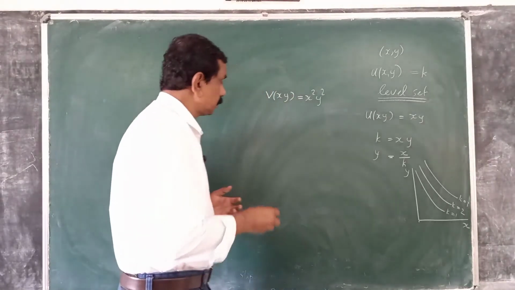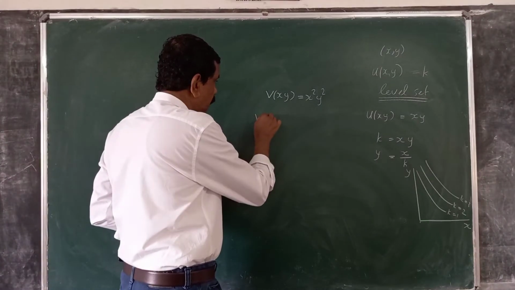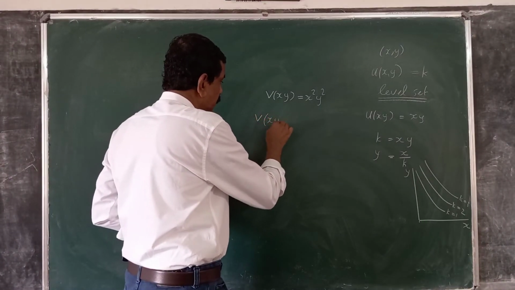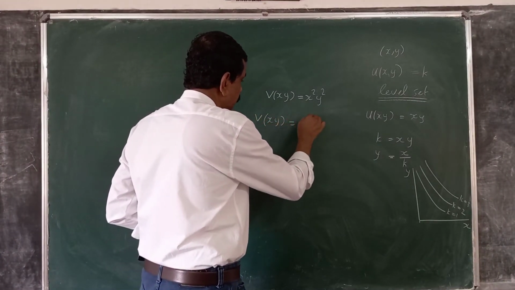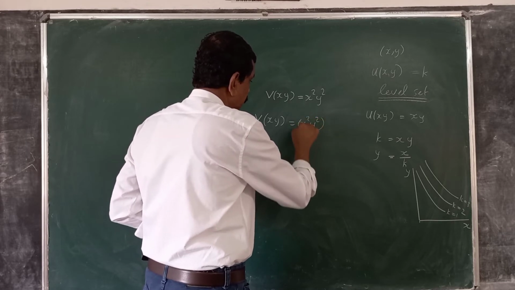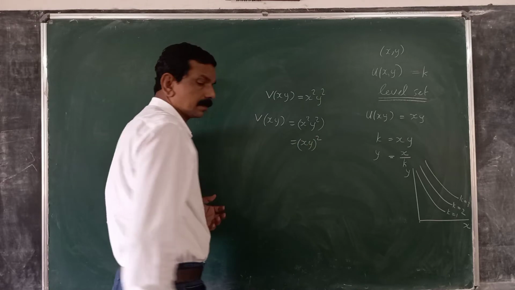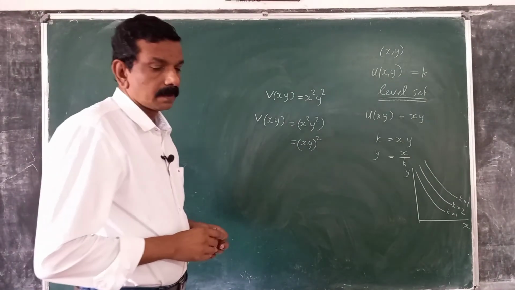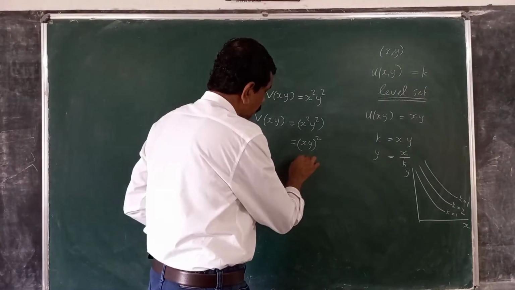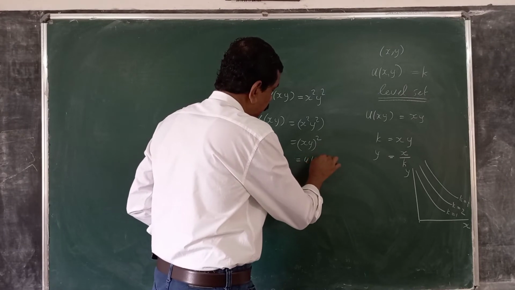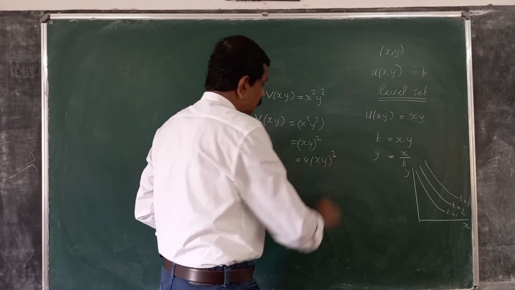We know that v(x,y) = x squared y squared = (xy) the whole squared = (u(x,y)) squared.